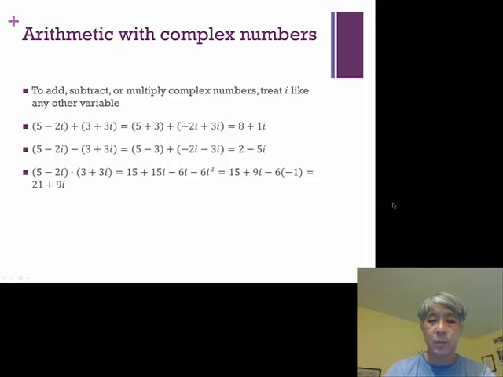So making the substitutions and grouping the 15i and 6i together, I end up with 15 plus 9i minus 6 times -1. Because the -6 times -1 becomes +6, this whole thing really becomes 21 plus 9i.